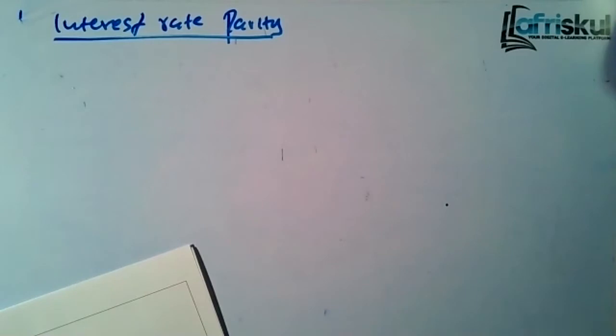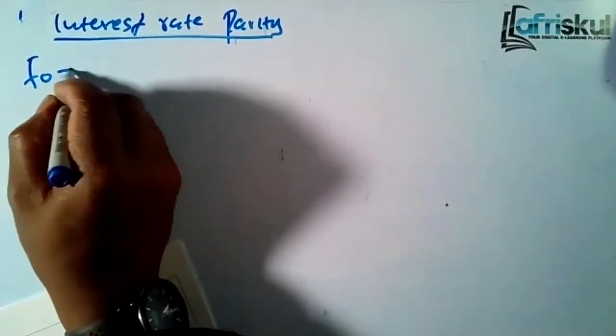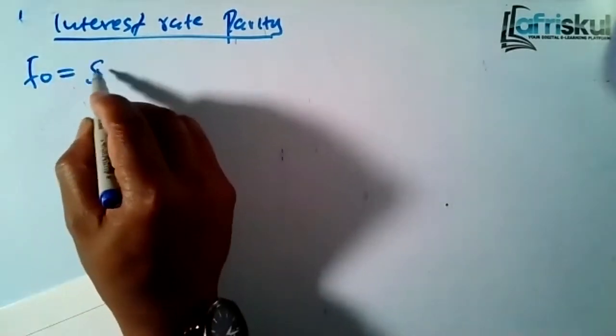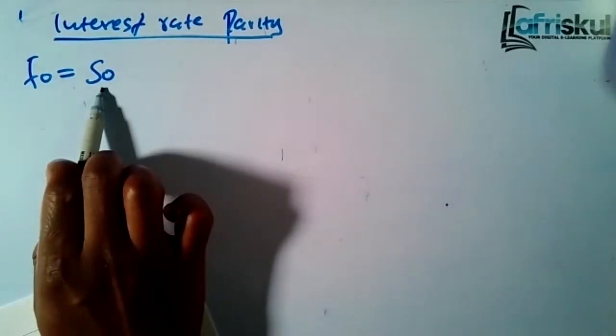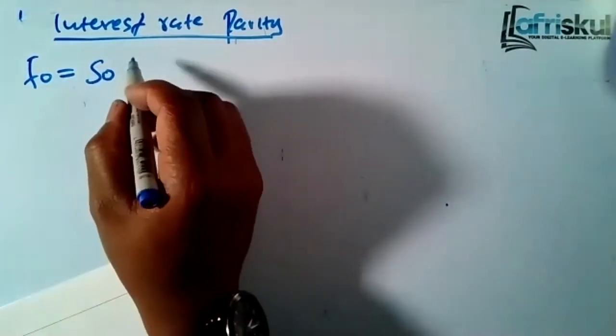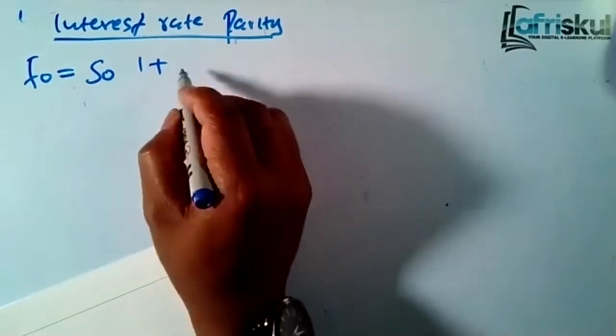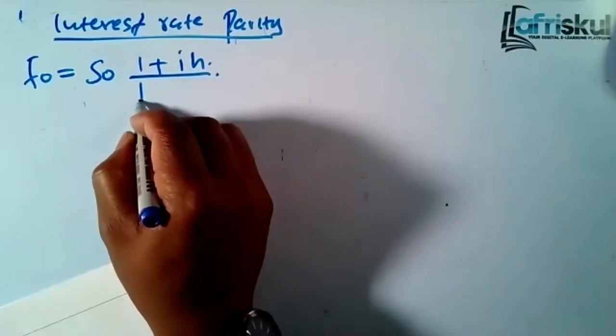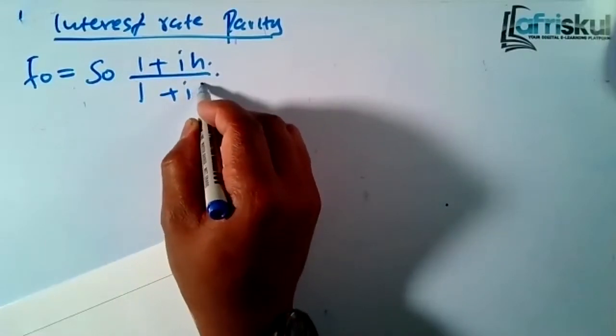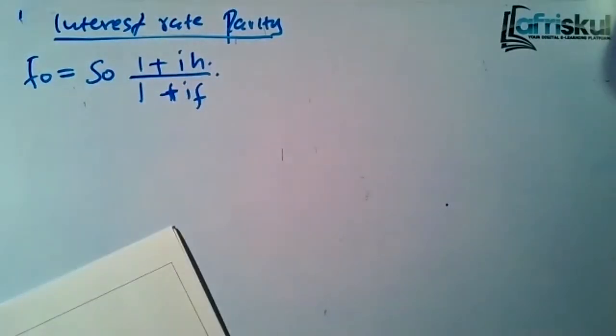Remember, we said that F0 is equal to S0, the forward rate and the current spot rate. So it's S0 times 1 plus the interest rate in the home currency, divided by 1 plus the interest rate in the foreign currency. That was the formula.